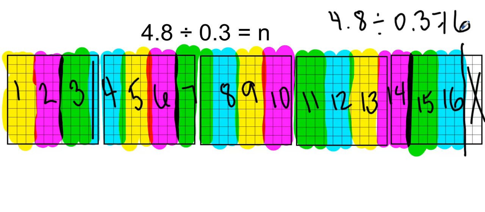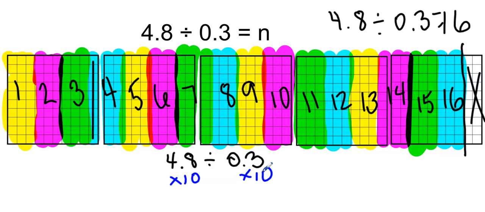Now, another way I could also do this is by turning it into whole numbers. Let me write that a little bit neater. So if I have 4 and 8 tenths divided by 3 tenths, I could multiply each one by 10, thinking about my powers of 10.